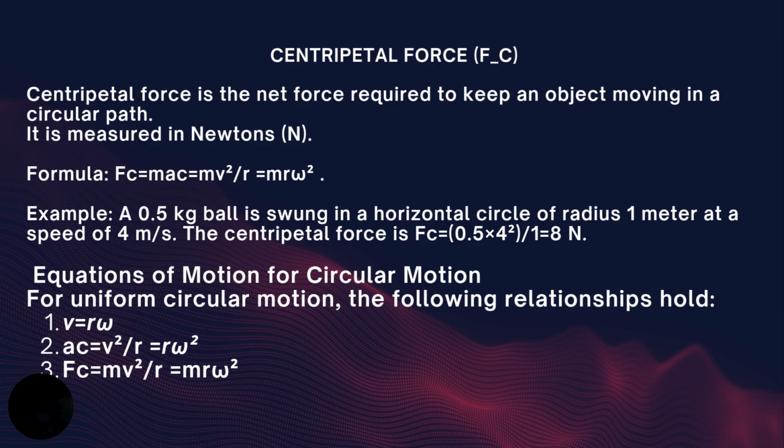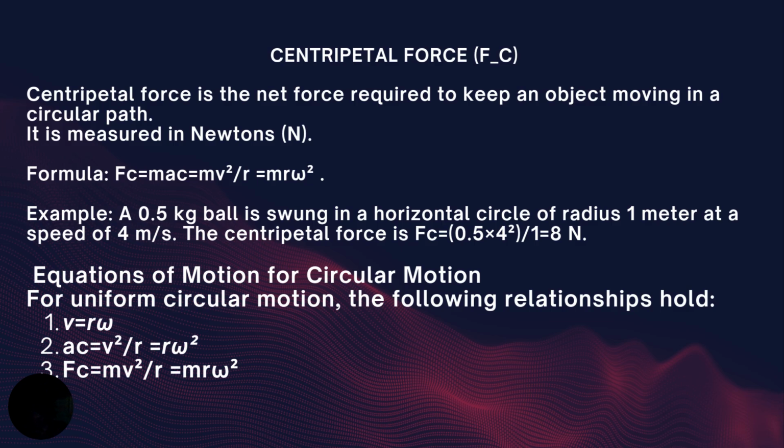So we have centripetal force. Since there's a centripetal acceleration, there will be a centripetal force on an object that is moving in a circle. Force equals mass times acceleration. So in the case of circular motion, the force will be equal to mass times centripetal acceleration.